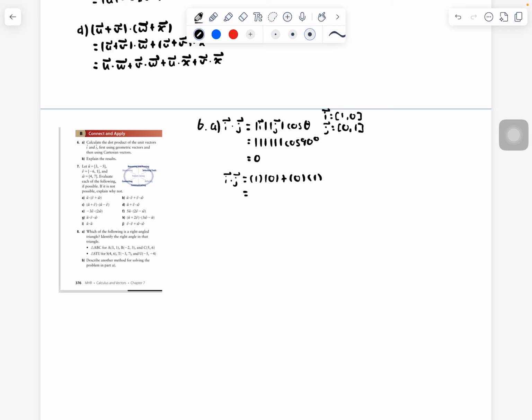Okay? And as we expect, we also get 0 here. So this is the geometric. I guess I'll write it off to the side. In this case, we're doing the geometric. And in this case, we're doing the Cartesian.